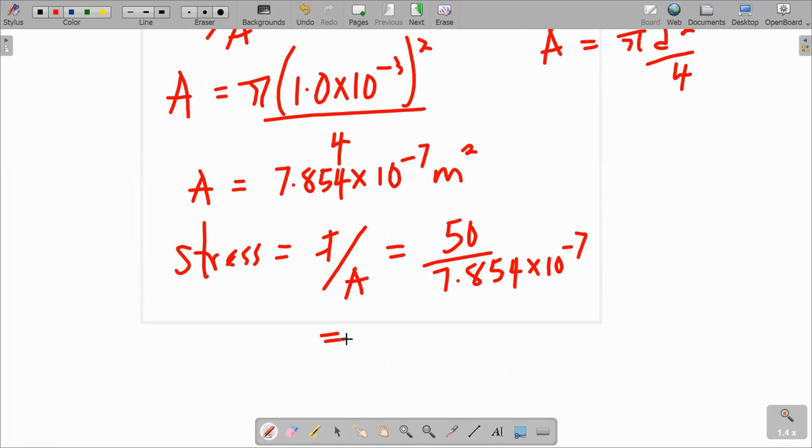Stress is 50 divided by 7.854 times 10 to the power of minus 7. It's 6.37 times 10 to the power of 7 Pascal.